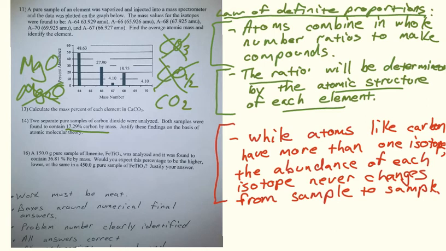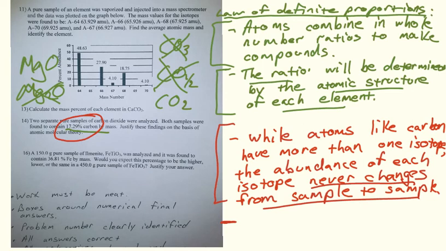The abundance of each isotope never changes from sample to sample anywhere in the world. The percentage of carbon-12 in a carbon sample is always the same, no matter where in the world you get it. That's a pretty profound statement. It seems obvious, but it's a pretty profound statement. And that's why all CO2 molecules have the same mass percent. You might want to add one concluding statement saying, therefore, that's why they all have the same mass percent.